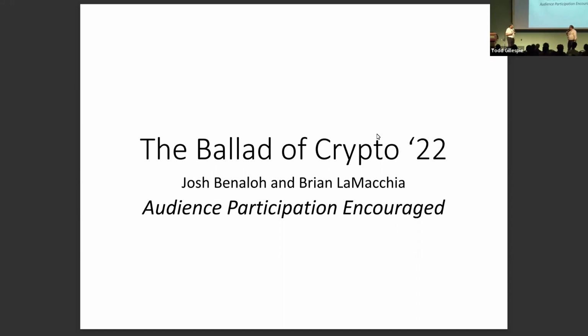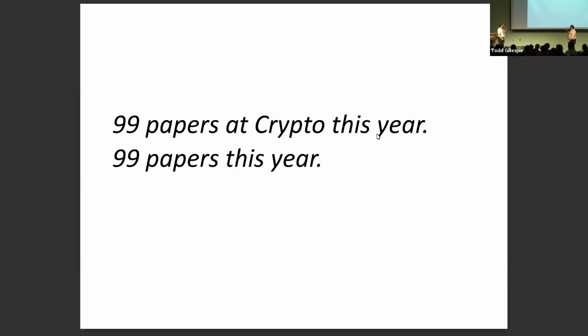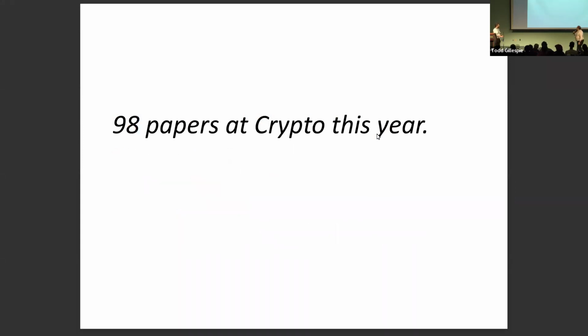That brings us up to 96. But 3 of the regular papers in the program were actually soft mergers, so there were 2 papers sharing each of those slots. So there's an additional 3. That gives us a total of 99 papers at Crypto this year. 99 papers this year. I found a flaw. Time to withdraw. 98 papers at Crypto this year.